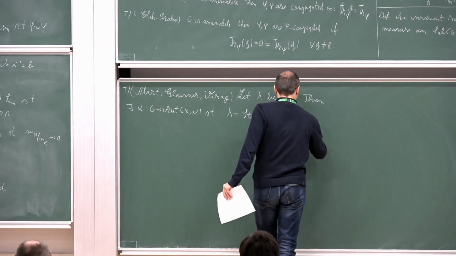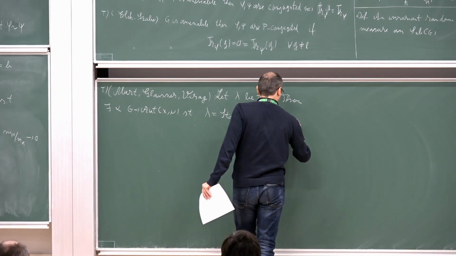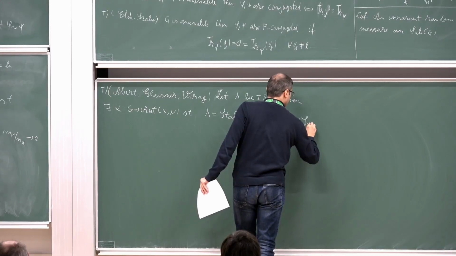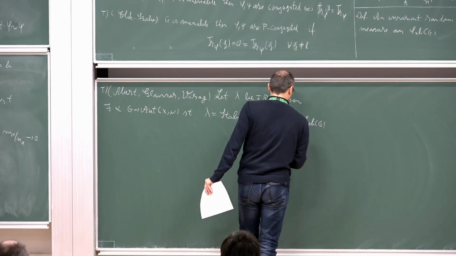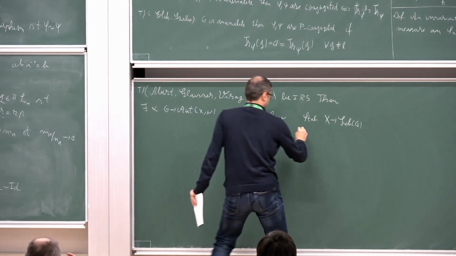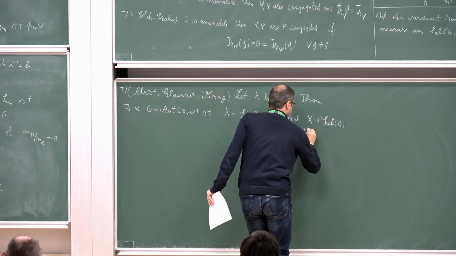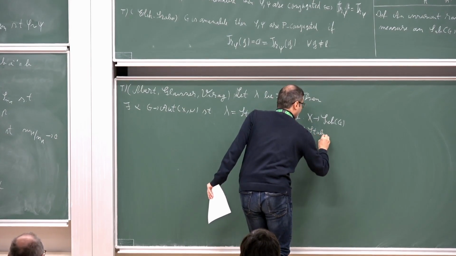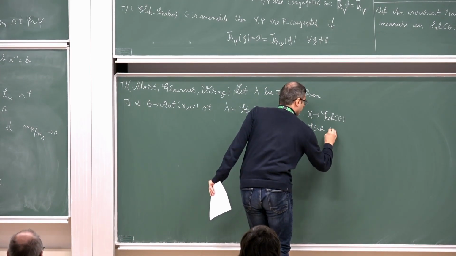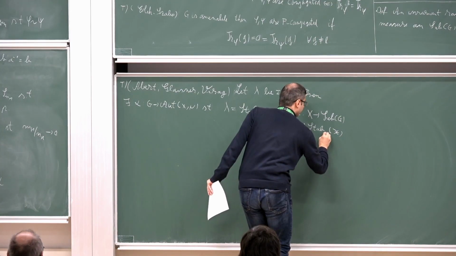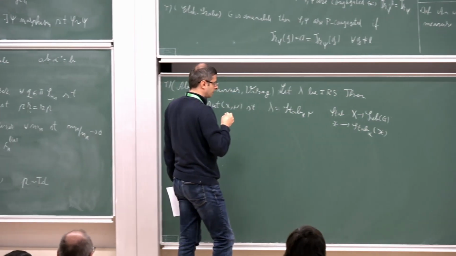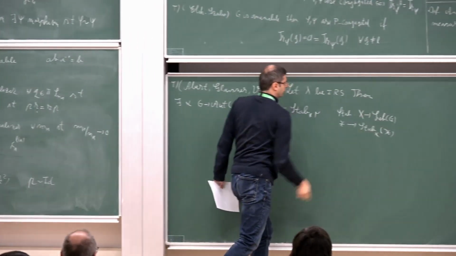So stab is just a map from X to the subgroups of G, where to a point x you associate its stabilizer under the action alpha.